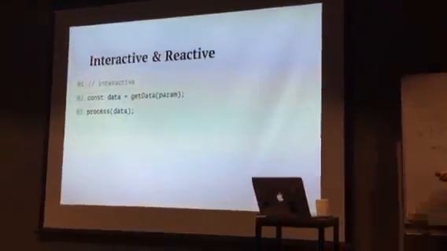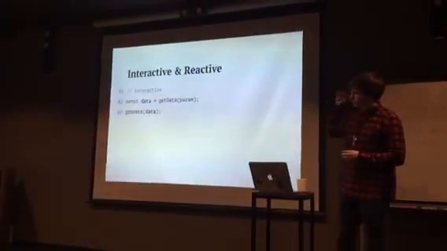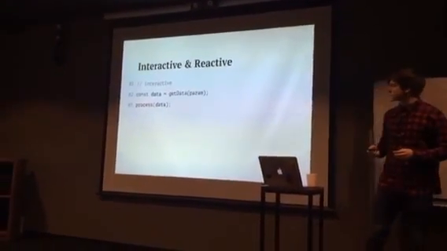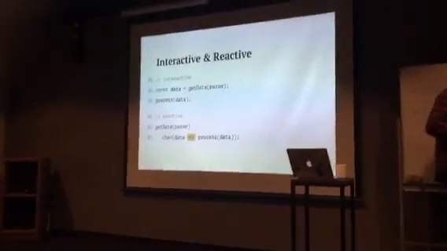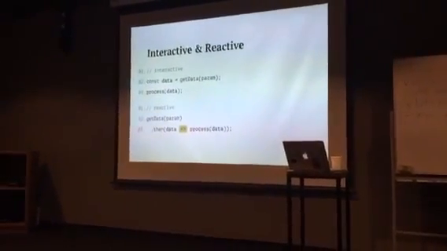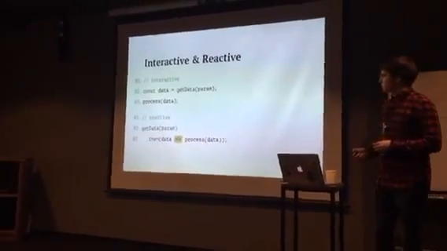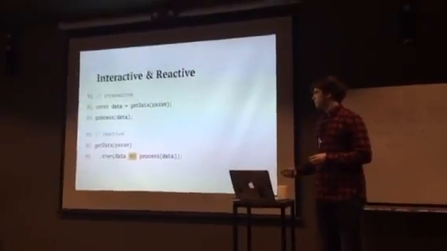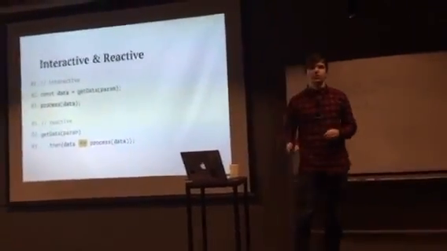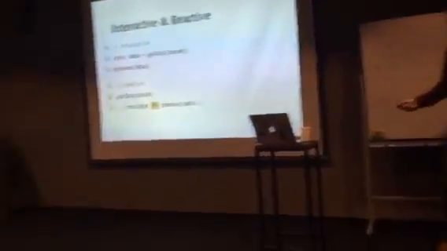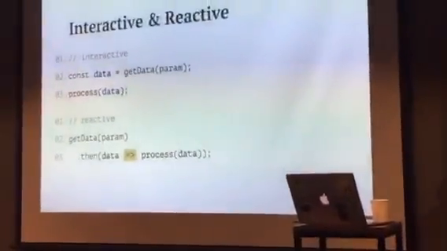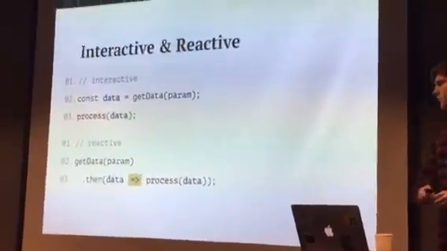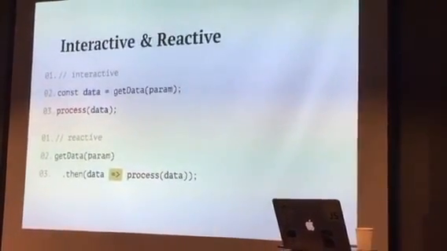It's called the interactive approach, or pull-based, or pulling data from a function. And the reactive approach, or push-based approach, is when we have to create an additional function that will receive the result, and then call the next step of your calculations, of your data processing pipeline.